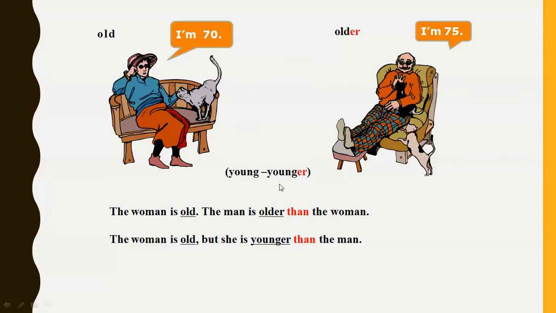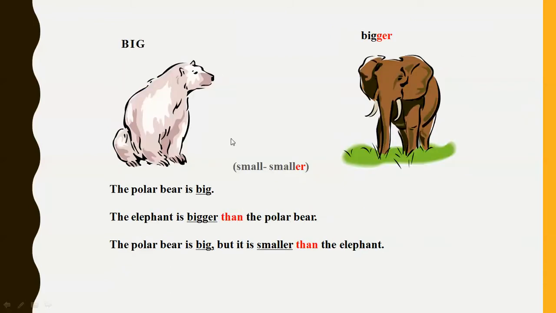Look here, we have young and younger. The woman is old. The man is older than the woman. The woman is old, but she is younger than the man. Look, the bear is big, while the elephant is bigger. The polar bear is big. The elephant is bigger than the polar bear.